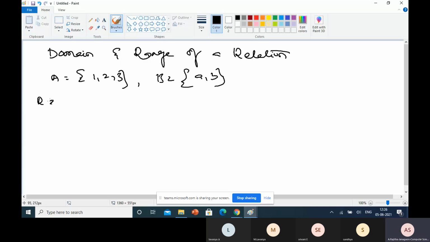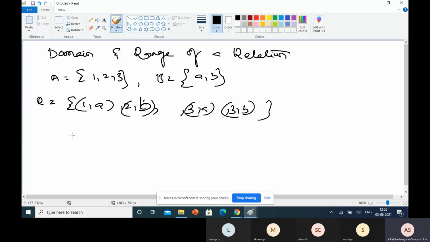Then R equal to 1a and 2b, next 3a, 3b. So in this case, domain of R is nothing but 1, 2, 3.